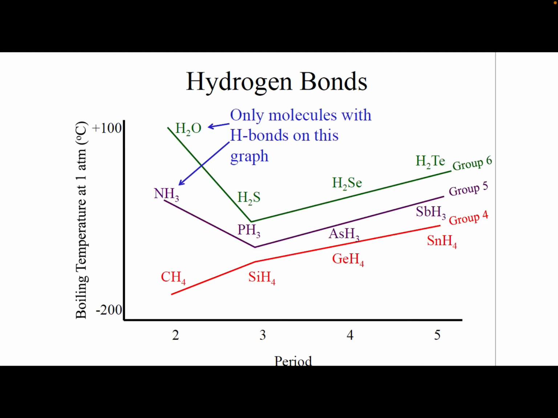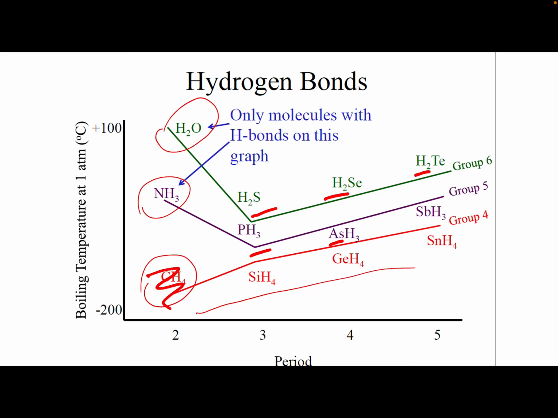So you may be shown a graph like this and it's like, hey, what's the overall trend? The overall trend is that boiling point increases as mass increases, but there's three big exceptions to this. Well, that's not an exception because we have a big increase here. So the two exceptions are going to be group 5 and group 6.